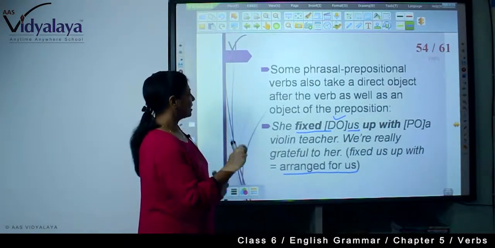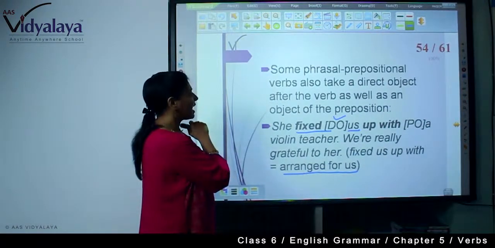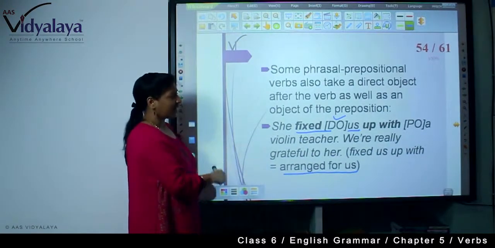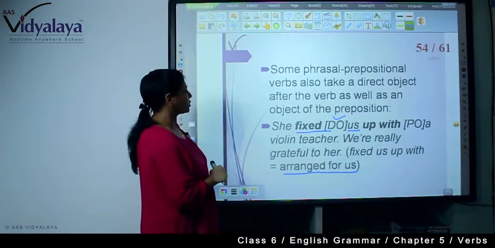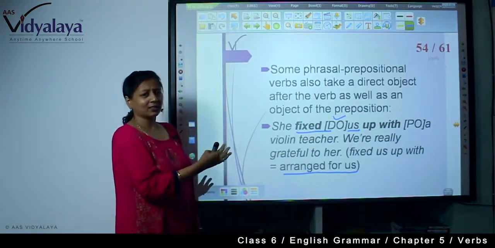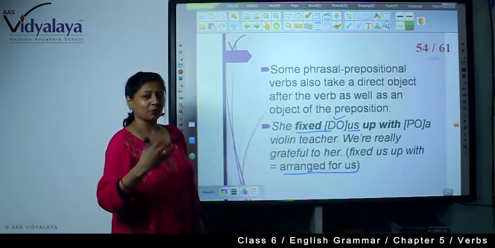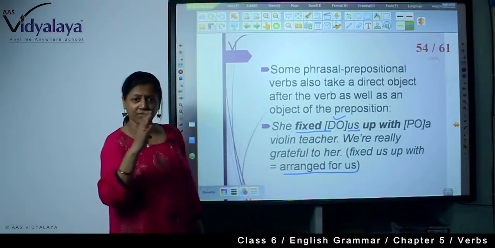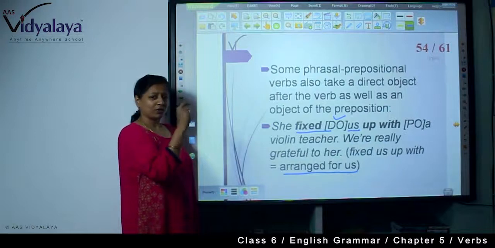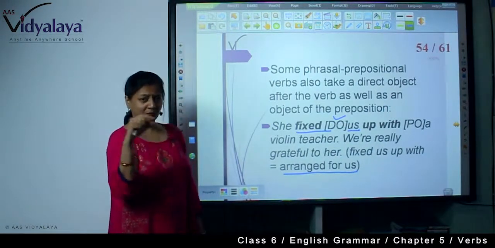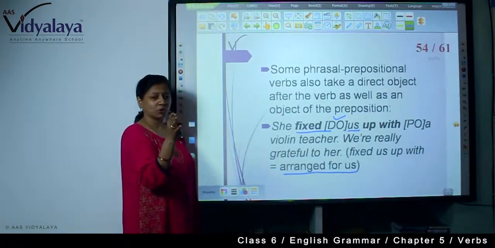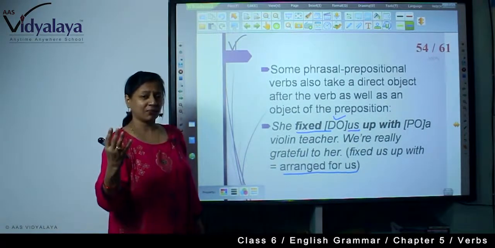So you are saying that after the verb as well as the object of the preposition, we are using a phrasal prepositional verb. Why are we doing this chapter? We are doing this chapter so that you can understand what the real phrasal verbs are. Because when action words are combined with a preposition or adverb, they give a different meaning.